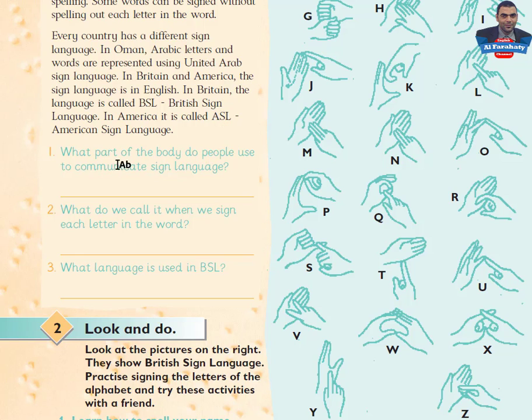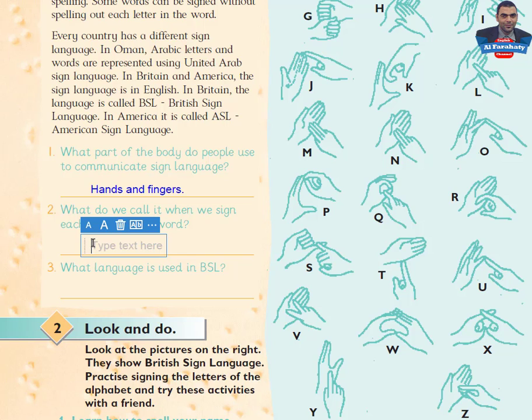Hello again. 1. What part of the body do people use to communicate sign language? Yes, excellent. Hands and fingers. They use hands and fingers. 2. What do we call it when we sign each letter in the word?